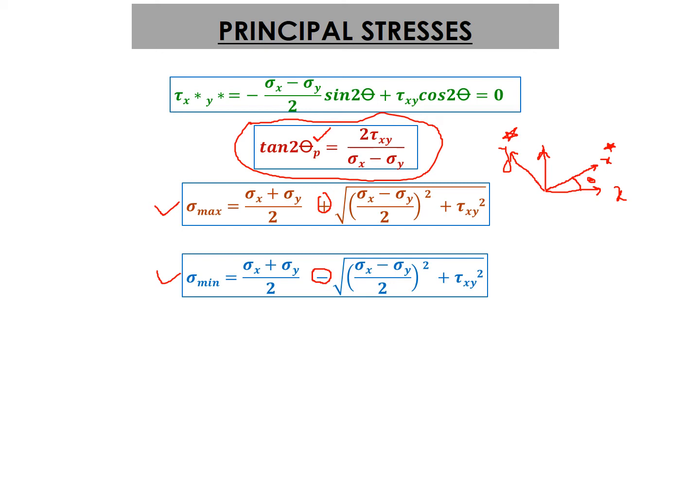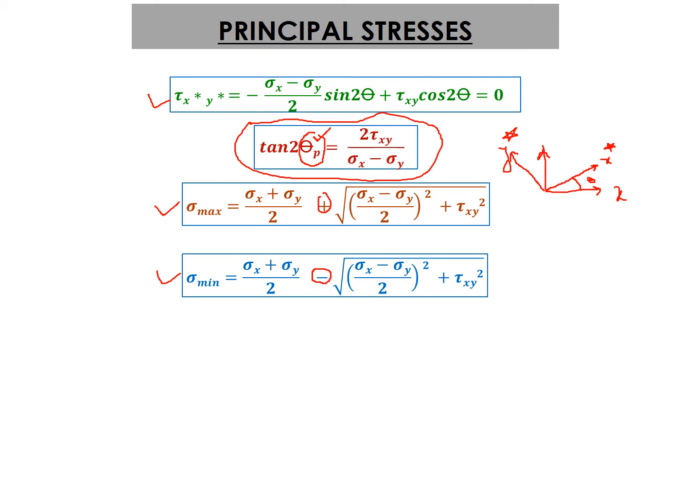Now in the same rotation of angle theta, there comes a value called theta p, the axis at which there is no shear stress, and from this equation we can find out that location. It means at this theta p you get the principal axis, and if you put this theta p in the previous equation, you get these two equations, sigma max and sigma minimum.